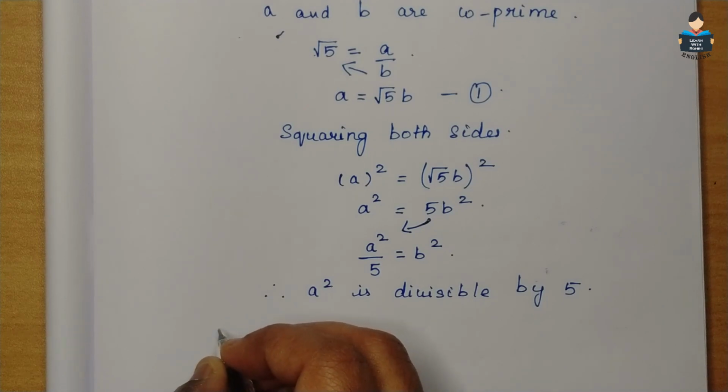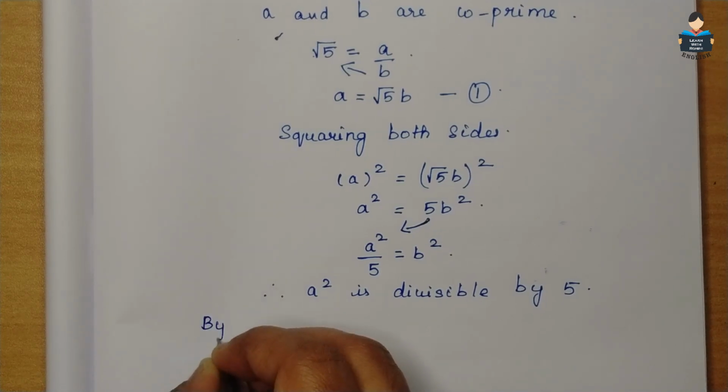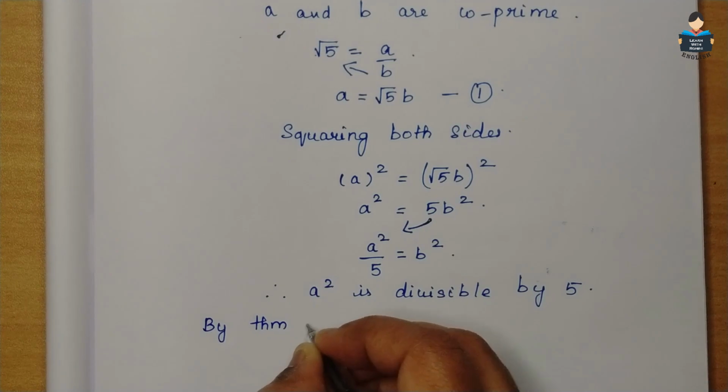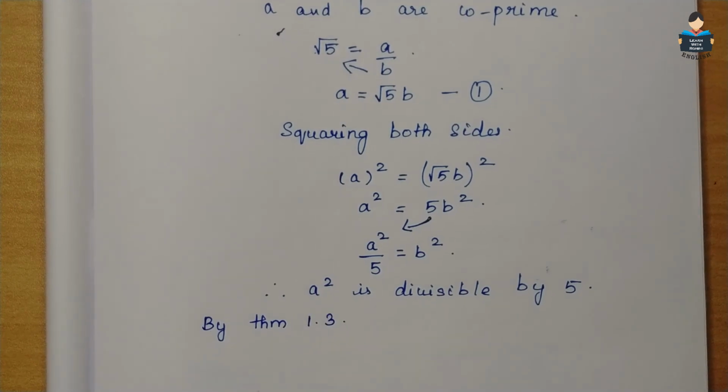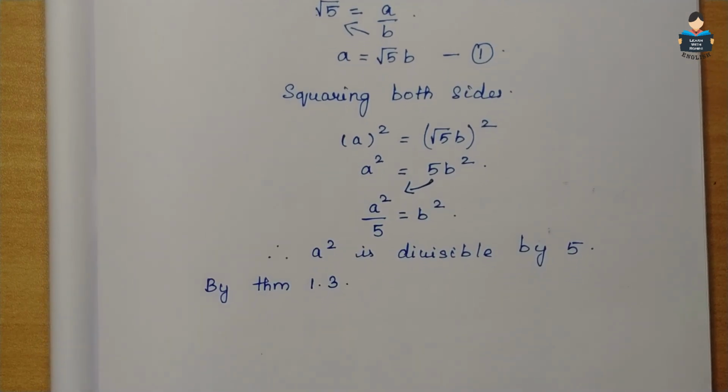Now I am using the theorem, theorem 1.3. The theorem 1.3 is: let P be a prime number.